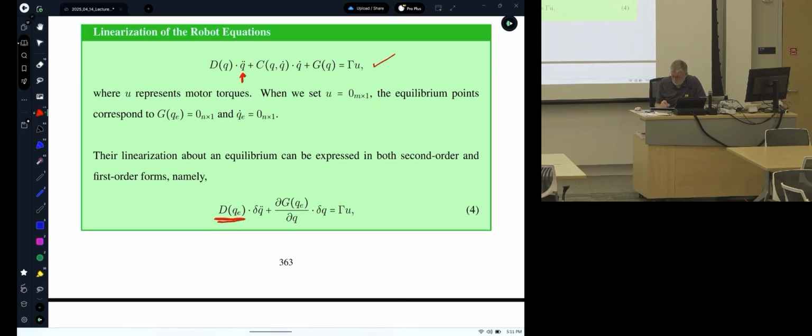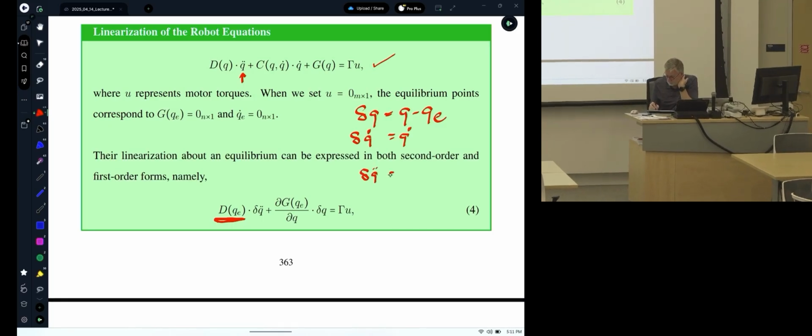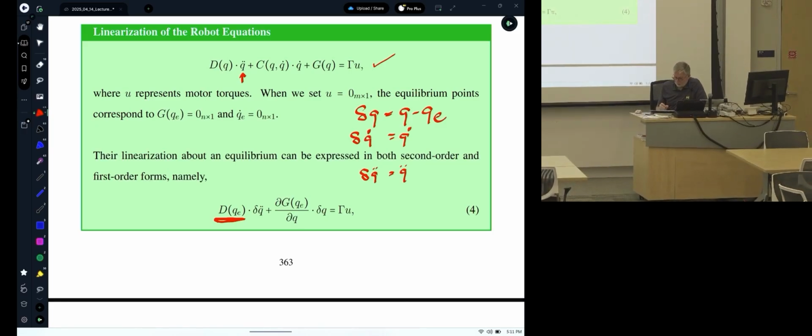You get the mass inertia matrix evaluated at the equilibrium point. Delta Q is just Q minus Q equilibrium. So delta Q dot is just Q dot, okay? So those become the states of the linear approximation. Delta Q double dot, that's just Q double dot because QE is a constant. So this is the model.